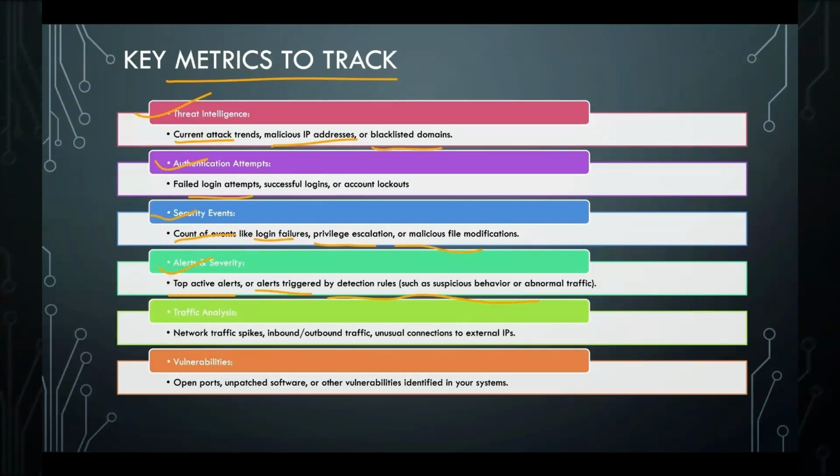And then traffic analysis, for example network traffic spikes, inbound and outbound traffic, unusual connections to external IPs. The last one is vulnerabilities. This is going to provide the visualization of open ports, unpatched software, or any other vulnerabilities identified in the system.